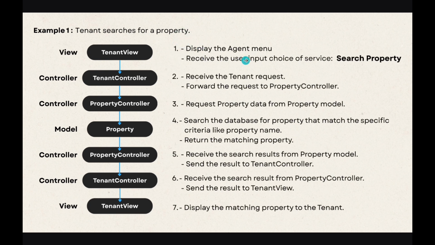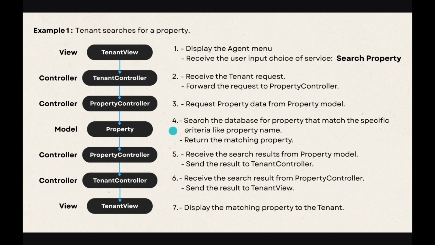The tenant view displays the tenant menu and receives the user input, which is search property. The tenant controller receives the request and sends it to the property controller, and the property controller requests property data from the property module.